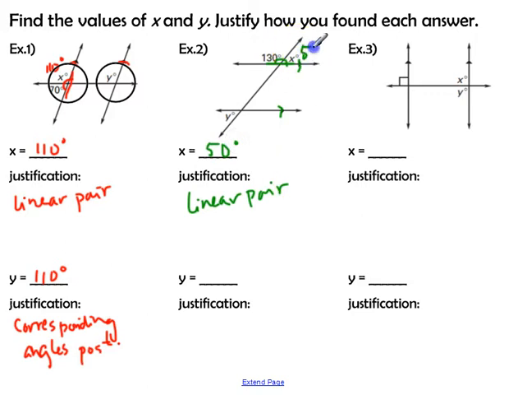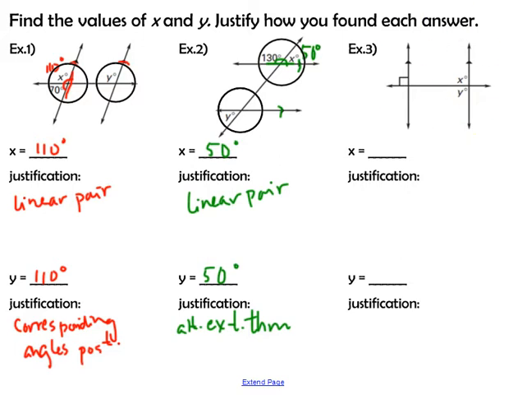Now once x is 50, I want you to think about the relationship between x and y. So if we draw our circles to separate, x and y are outside of the two lines, and they're on opposite sides of this transversal. That makes them alternate exterior angles. So using the alternate exterior angles theorem, we know that alternate exterior angles are congruent when we have parallel lines. So y is also going to be 50 degrees.